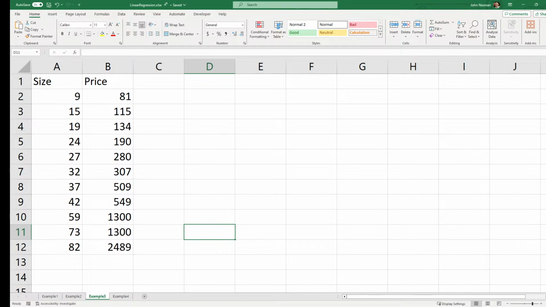On Amazon, I searched for television. Then I scrolled through, and the very first little tiny television I got, which was a 9-inch television, I wrote down the price. Then I got to the next one that was a little bit bigger, 15 inches, and so on. So I just got a sample of some different sizes.